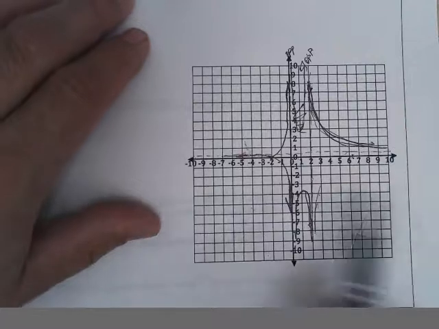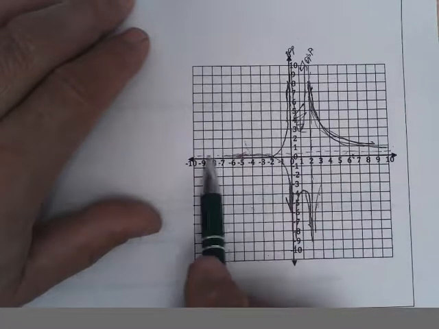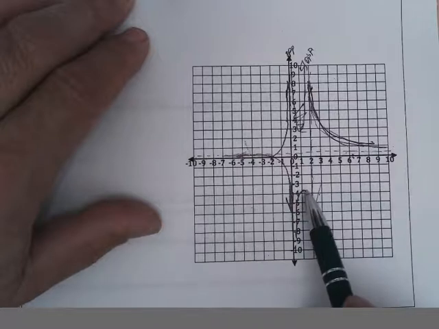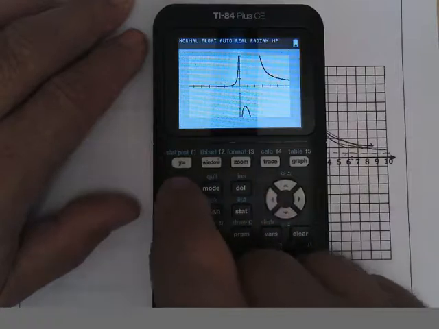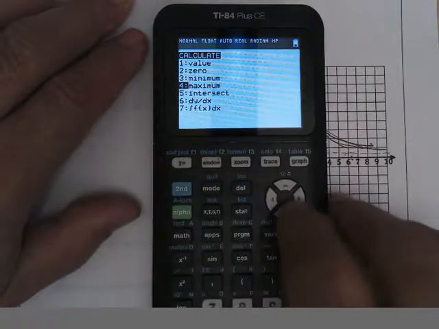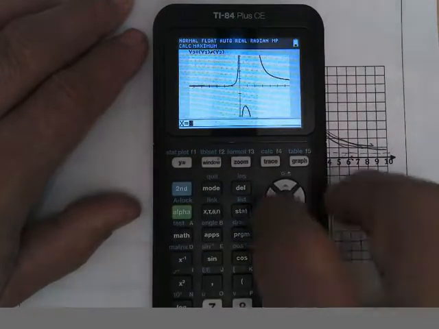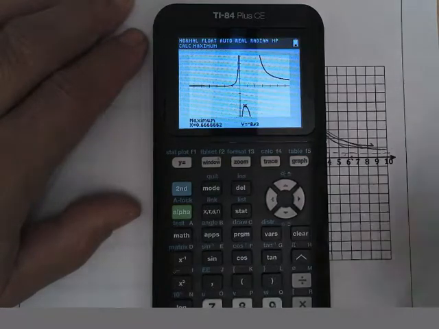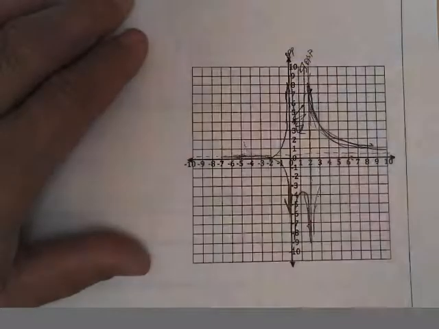Determine any local maximum. Well, this comes down and then goes up. This keeps growing on the side, doesn't reach a max. This goes on. So there's a minimum there. There's a maximum somewhere in here. I can see it on my graph here, and I can calculate it by going second, calculate maximum between 0 and 2, and my guess is at 1, and it says no, it's at 2/3, and it's -8/3.